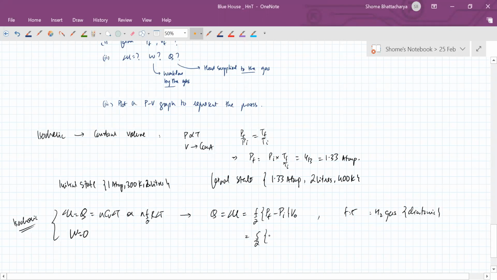Okay. So final pressure we saw is 4 by 3. Initial pressure was 1 atmosphere. So that's 10 raised power 5 approximately pascals. Into the volume was 2 liters. So that is 2 into 10 raised power minus 3 meter cube. So this is how we can directly calculate it in joules.